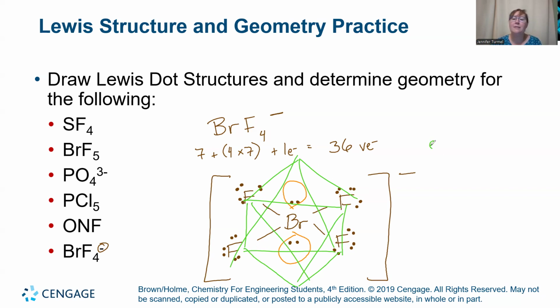Okay. And so that means that your electron arrangement is octahedral. But if the lone pairs stick up and down, and everything else is right there in the center, the shape for this is square planar.